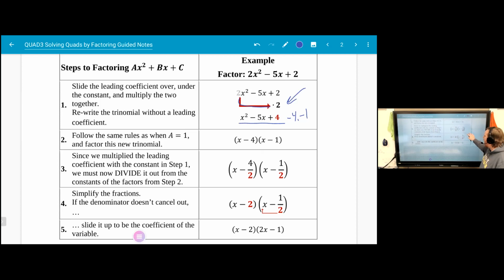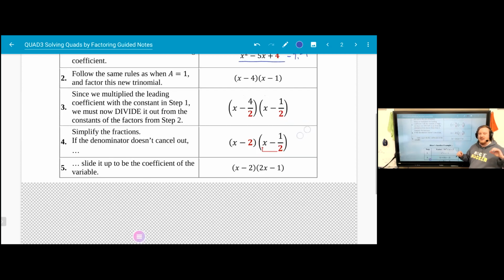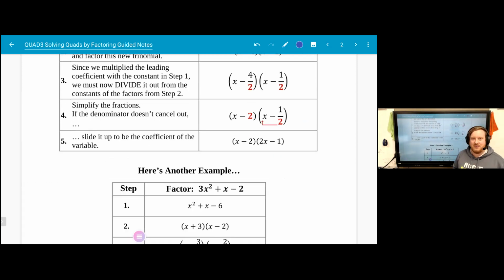Now, we're going to simplify those fractions if we can. Does negative 4/2 simplify? It sure does. It simplifies to negative 2. But negative half doesn't simplify any further than that. So we're going to kick this denominator up in front of that variable.